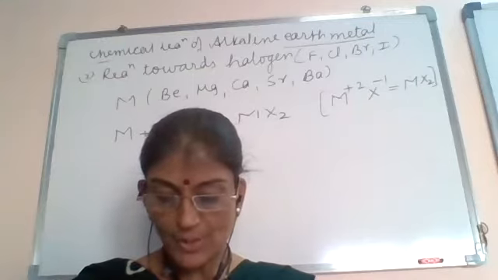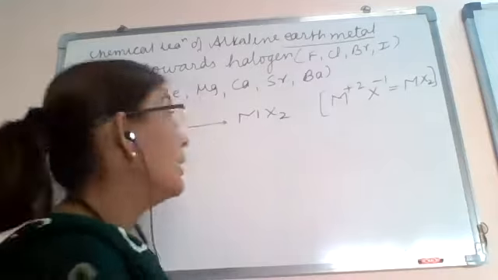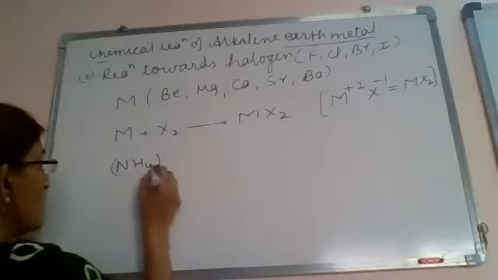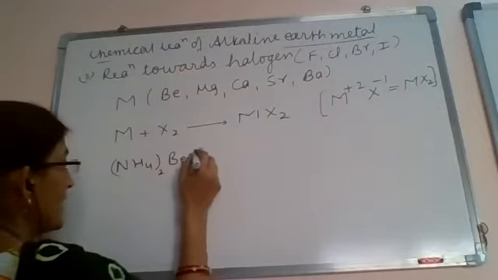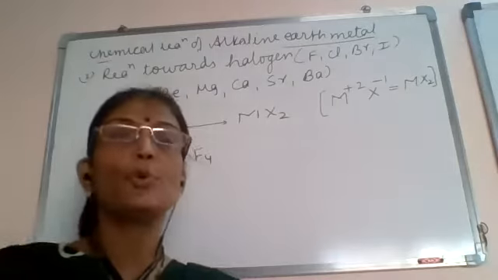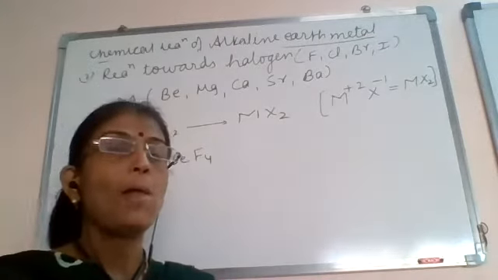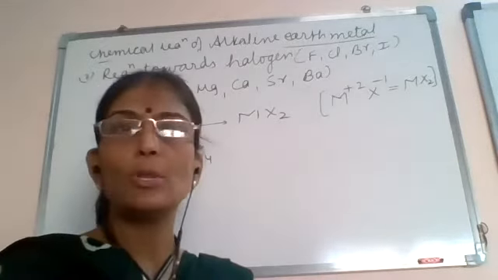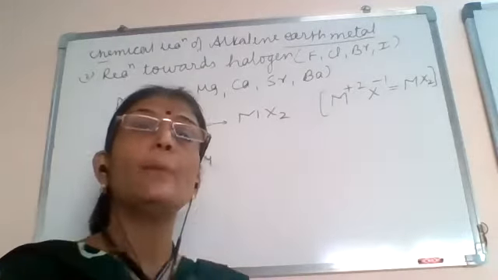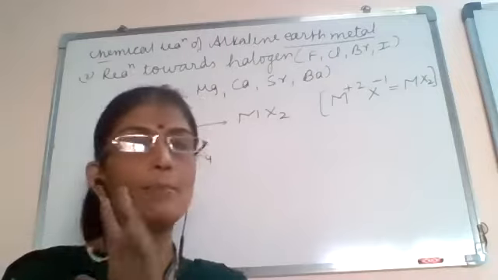एक बेस्ट मेथड है जो एमसीक्यू में पूछा गया है, (NH4)2BeF4. ये कॉम्प्लेक्स कंपाउंड है, इसका नाम क्या होता है वो हम बाद में देखेंगे. इसको बोलते हैं अमोनियम टेट्राफ्लोरोबेराइलेट. नेम को आपको मगअप करने की जरूरत नहीं है. In 12th standard, when you learn how to write the name of complex compounds, you will be able to write it easily.